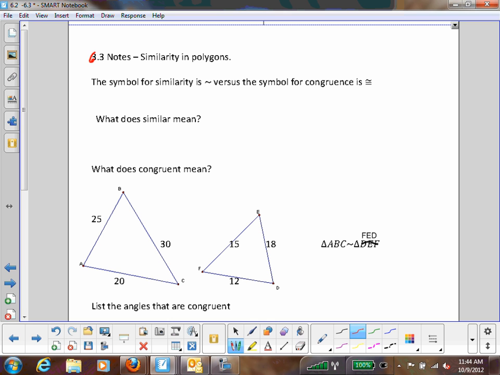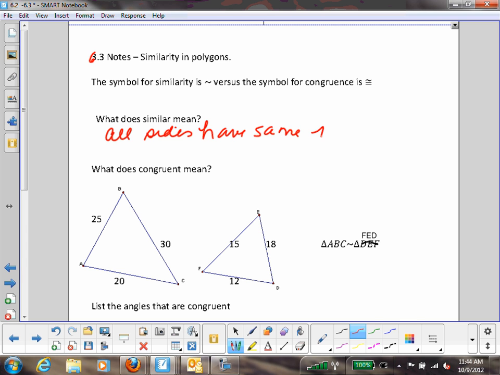They have to be like proportions. Okay. 2 to 1 or something like that. Right. So similar means all sides have the same proportion. In other words, one side is 1/2 of the other, and they're all in a 1:2 ratio.